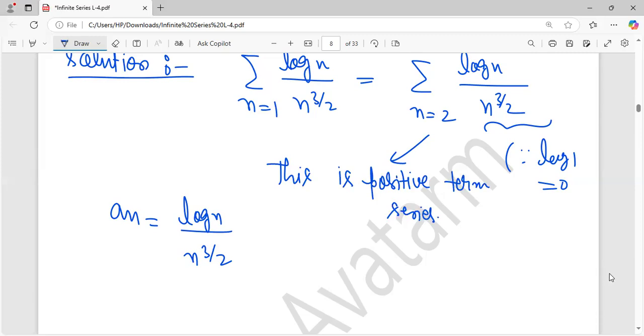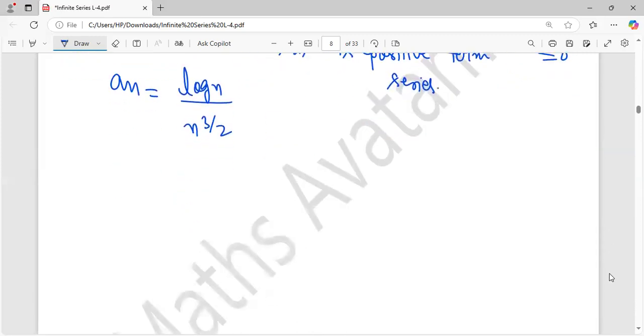Now what will I choose as bn? Take bn is equal to 1 upon n to the power 5 by 4.